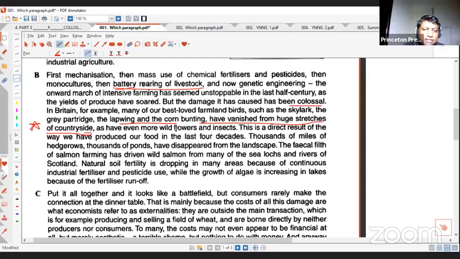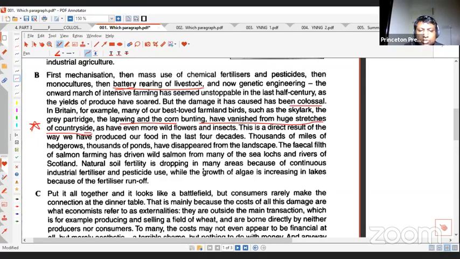As have even more wildflowers and insects. This is a direct result of the way we have produced our food in the last fifty years. Thousands of miles of hedgerows, thousands of ponds have disappeared from the landscape. The filth of salmon farming has driven wild salmon from many of the sea lochs and rivers of Scotland.